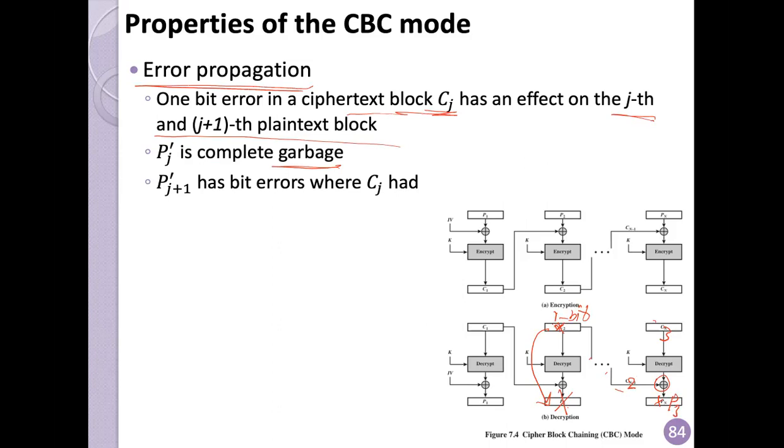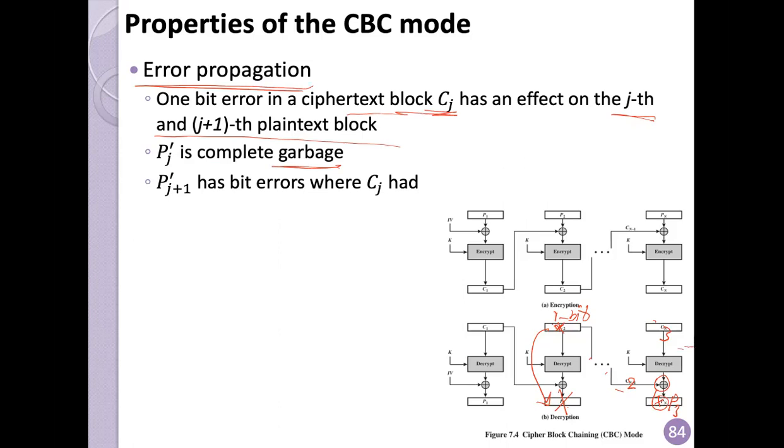Of course, one of the blocks you cannot decrypt properly. That's acceptable, and only 1 bit in the block after that is going to be wrong. Other bits of that block are okay, and nothing will happen to blocks after, C4, C5, and so on.